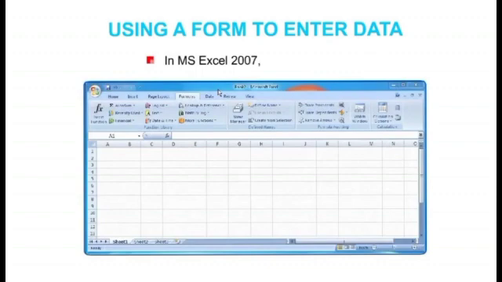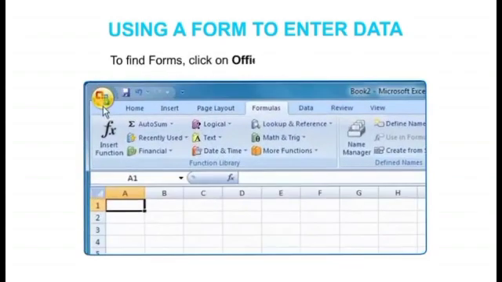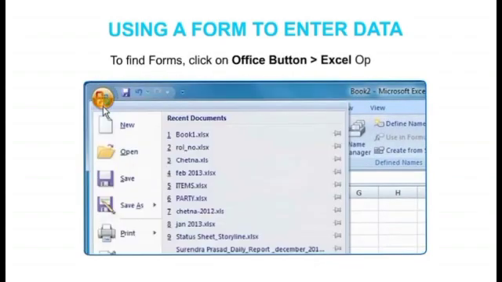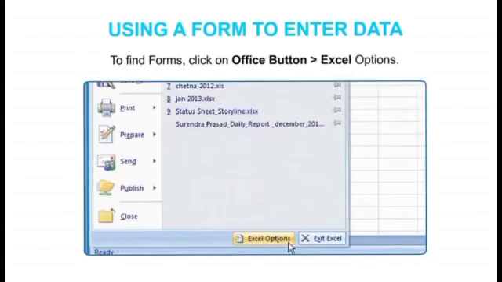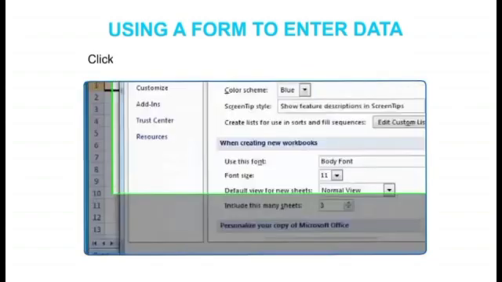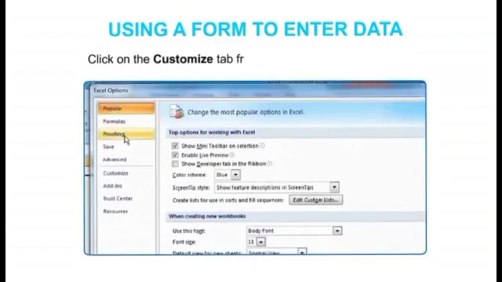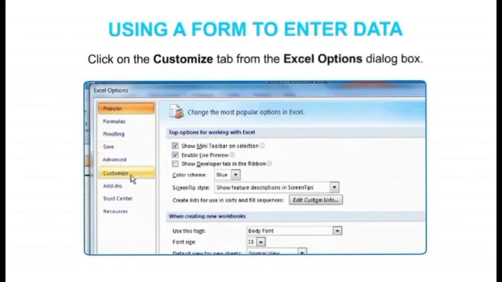In MS Excel 2007, forms are hidden. To find the form, click on the Office button, select the Excel Options, and click on the Customize tab from the Excel Options dialog box.